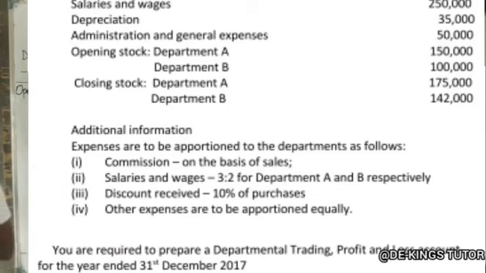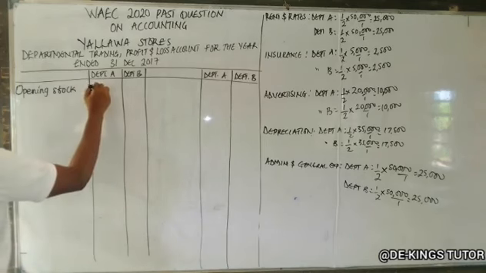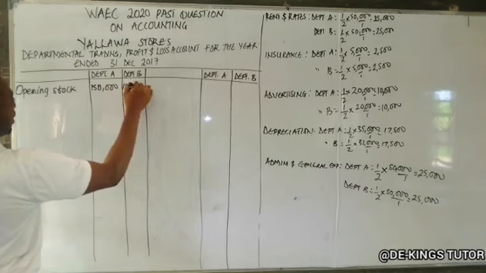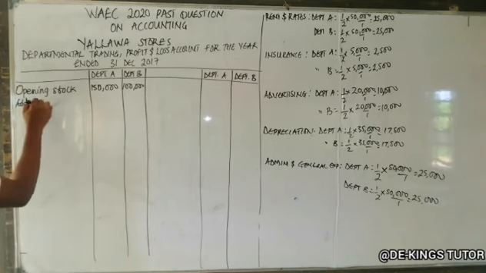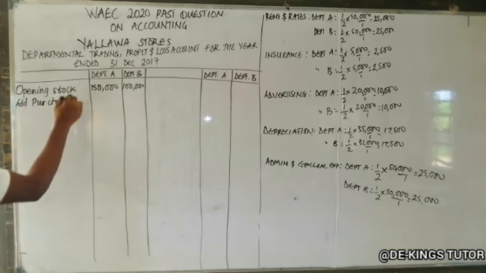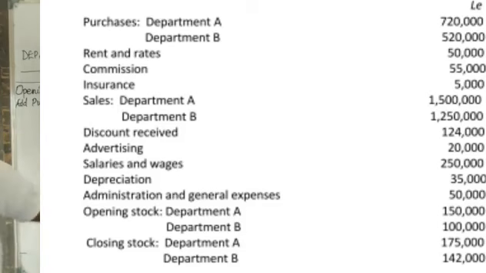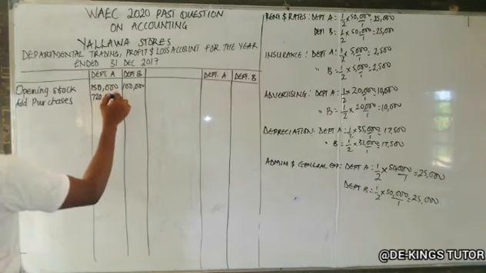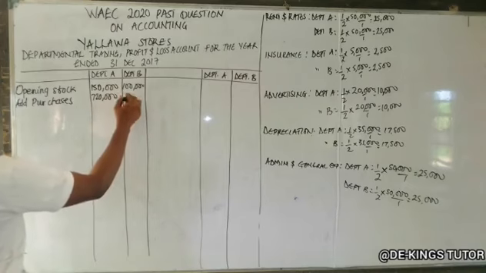Now you check there, our opening stock for Department A is 150,000. For Department B is 100,000. Okay? So the next thing that comes after this is to add purchases. So our purchases in the question there is 720,000, and Department B is 520,000.